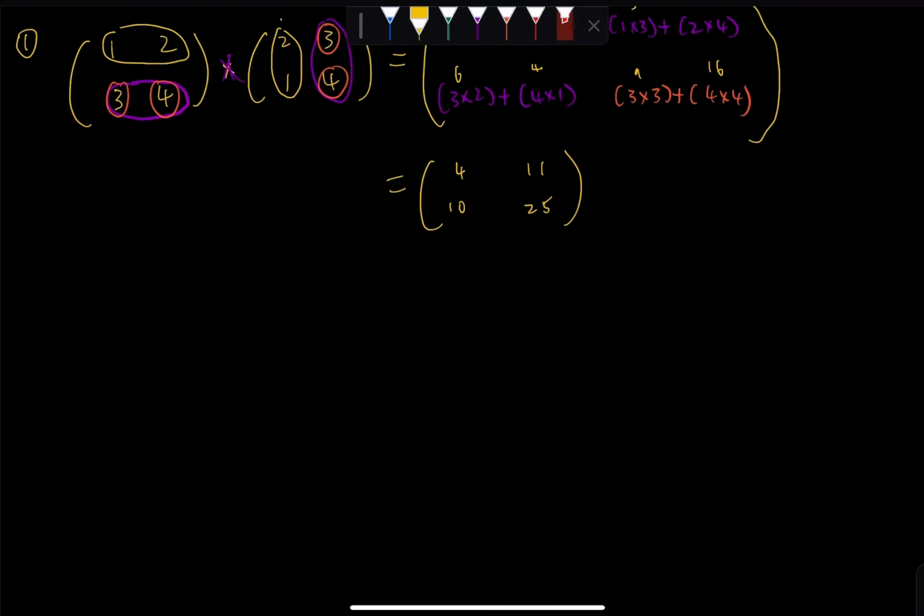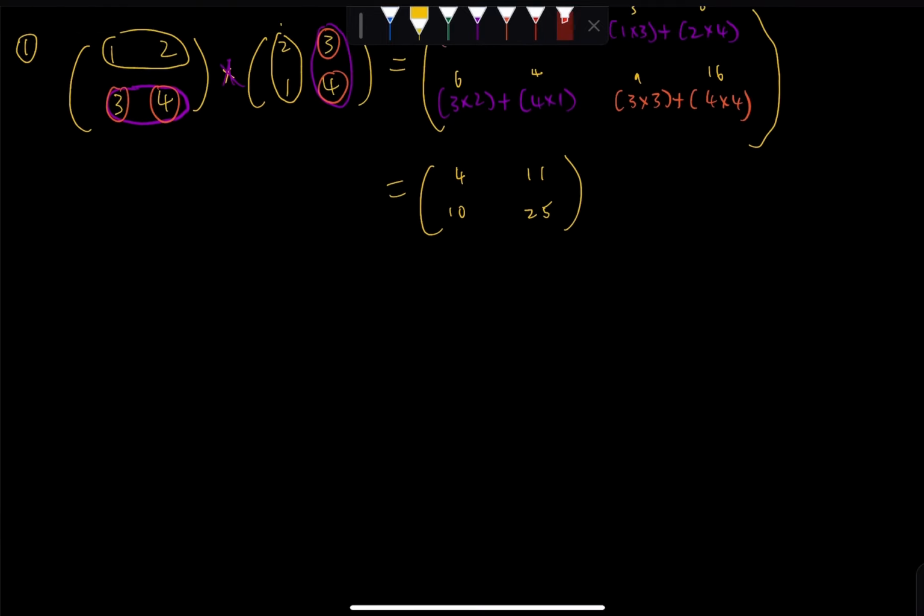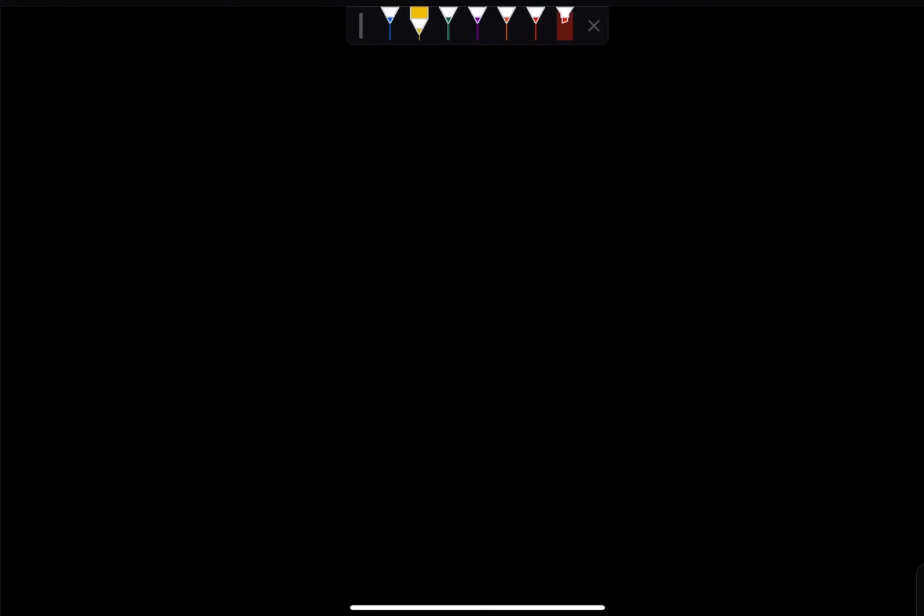So basically, this is what's coming up next. You can have 2, 1, 3 multiplied by 3, 2, 1, right? So then here you have 3 different rows multiplied by 3 different columns. So basically the number of columns in the first matrix should equal the number of rows in the second matrix, or vice versa.